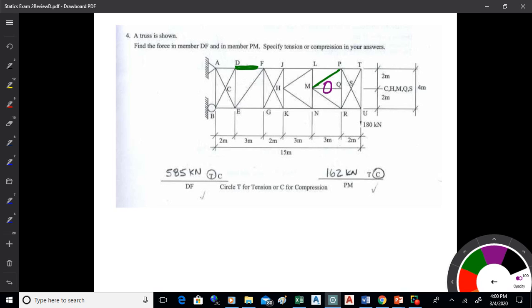There are two parts to zero force members. One is the conceptual part, which is a little difficult and takes some thinking. But the other part is more just looking at it. It's an unloaded T or an unloaded corner, and that's it. Those are the only two places: an unloaded corner with two unknowns or an unloaded T with three.